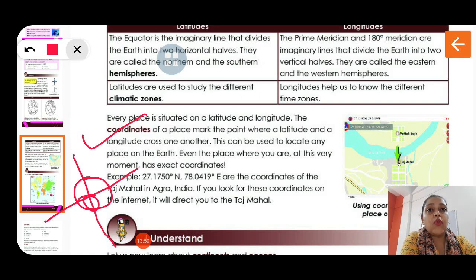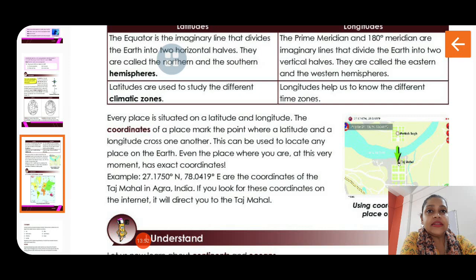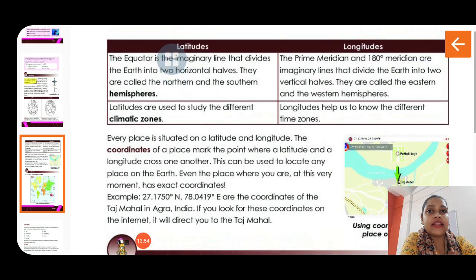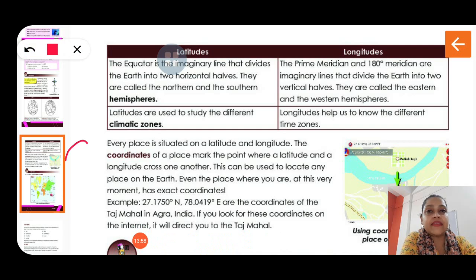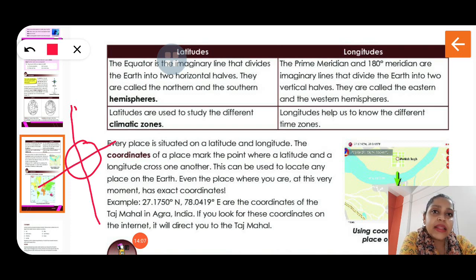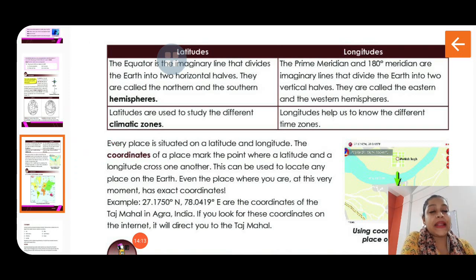Okay, once more I'll try to explain. Suppose children, this is a place on the surface of the earth, and here the latitude crosses and the longitude crosses, and the point where they cross is called the coordinate of a place. The place where the latitude and longitude meet is called the coordinate of a place.